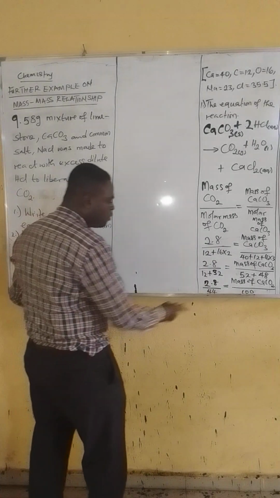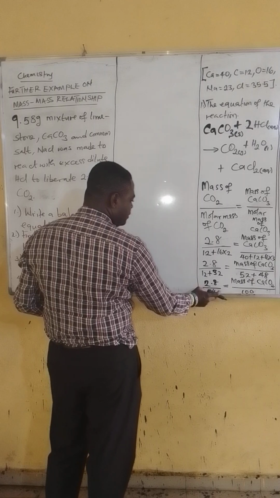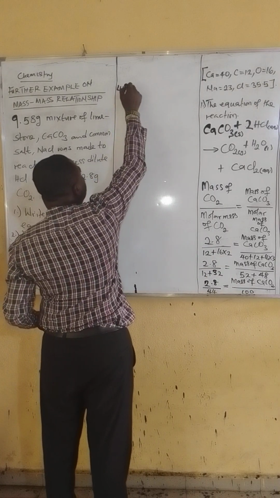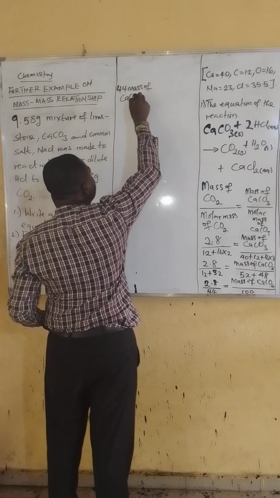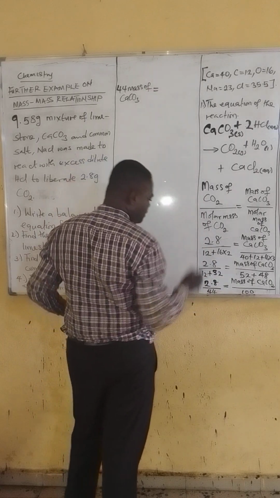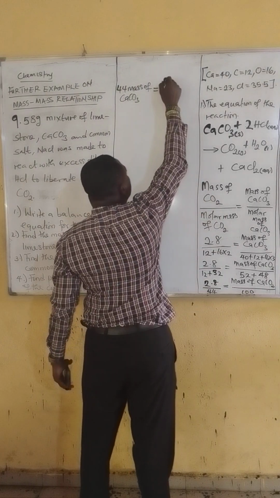Now, the next thing is to cross multiply. Let the numerator here multiply the denominator. So we now have 44 mass of CaCO3. Then this equality sign, we write it back. Then this 2.8 will come and multiply 100.